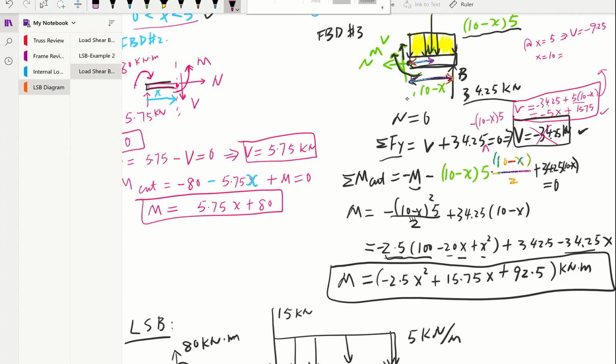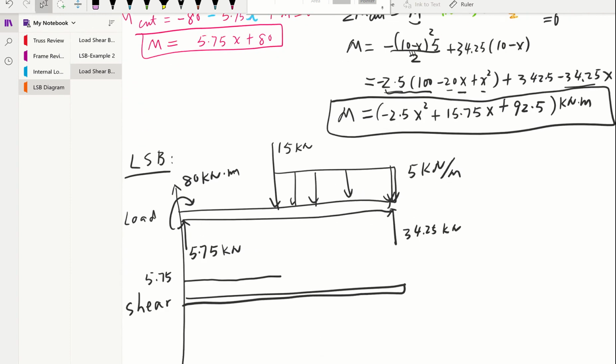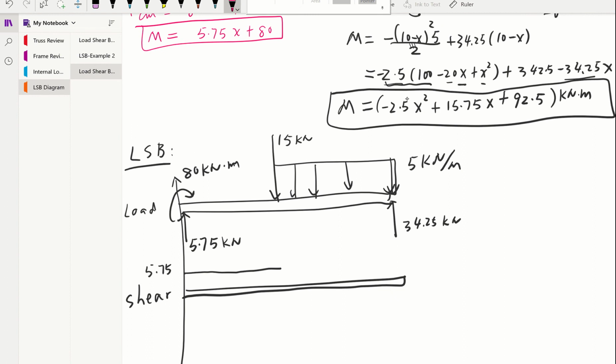Same fashion, when you put x equal to 10 here, so 5 times 10, negative 50, plus 15.75, that's going to give us a value of V equal to negative 34.25. That defines the beginning and ending point. So beginning point is negative 9.25. Again, this is not drawn to scale. And the last point is going to be negative 34.25. And it's a linear function, so we're going to connect the dots.